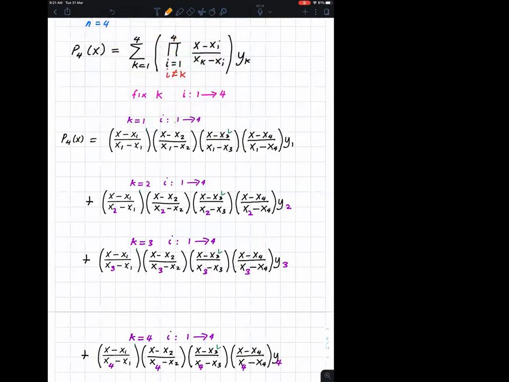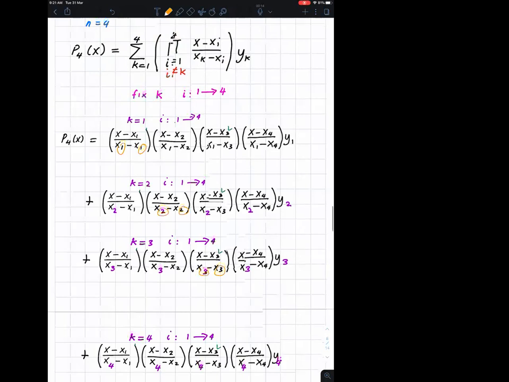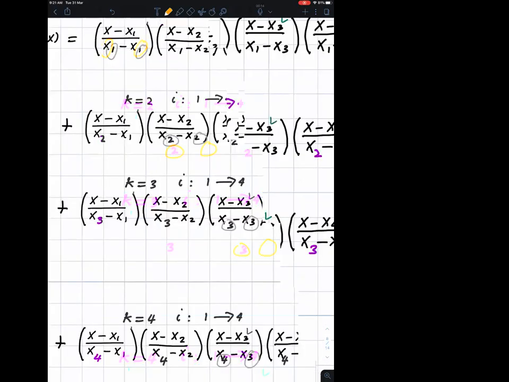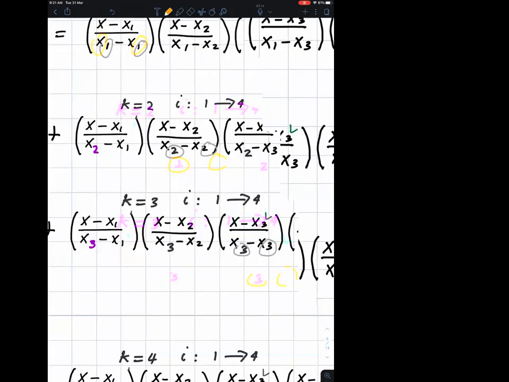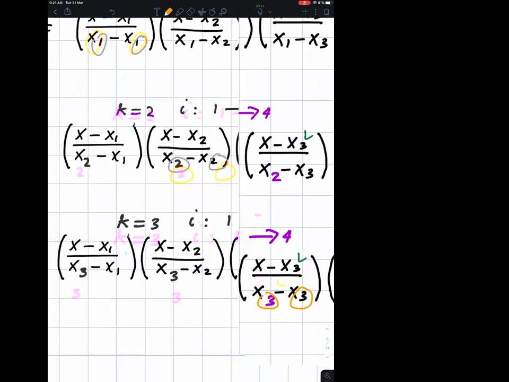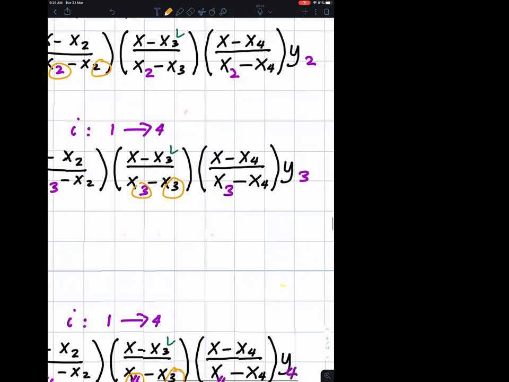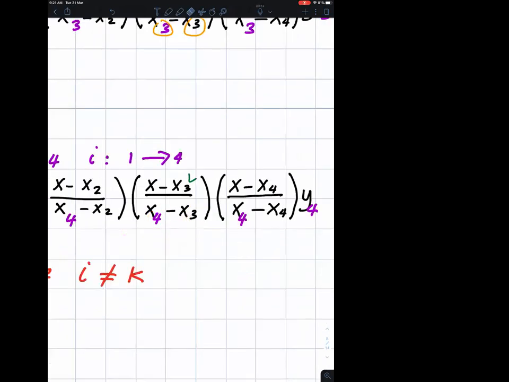Can you see I is K here? I is equal to K. What are you going to get? You're going to get x3 minus x3, or x4 minus x4, which is going to give you 0.